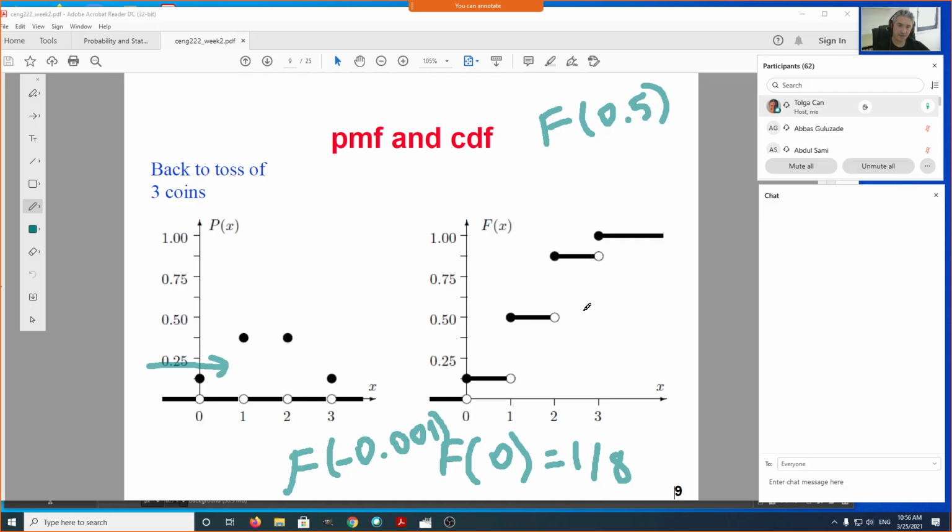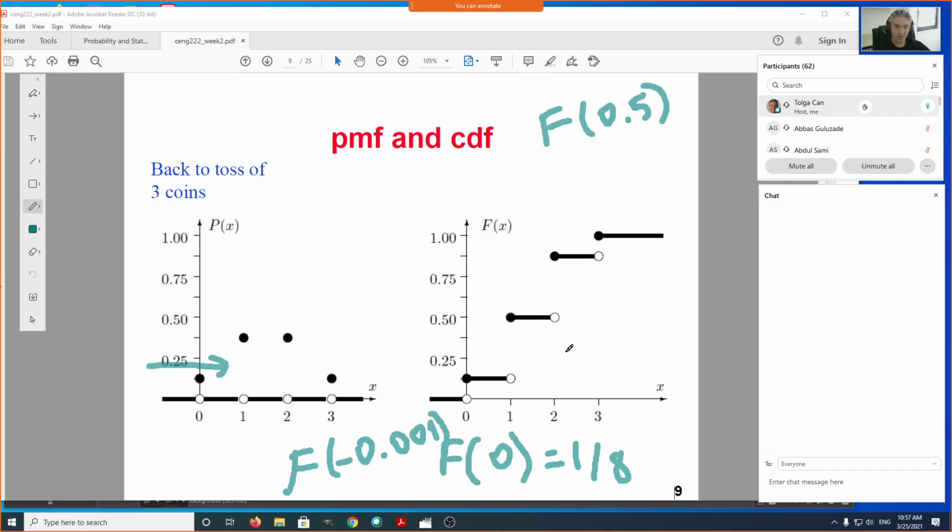Just think about this: 2 is not inclusive here, because the probability of obtaining 2 or less heads is actually equal to 0.875, which is this point. So when we come to 2, we need to jump here. That's why the ends of these line segments are not included.